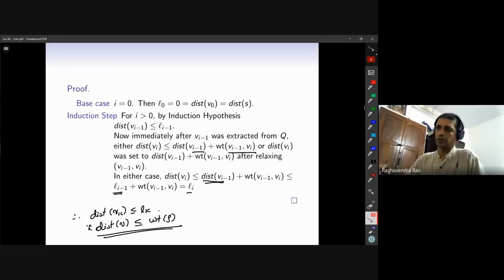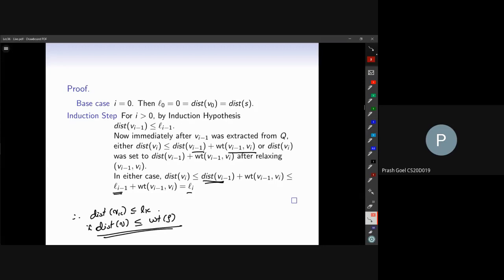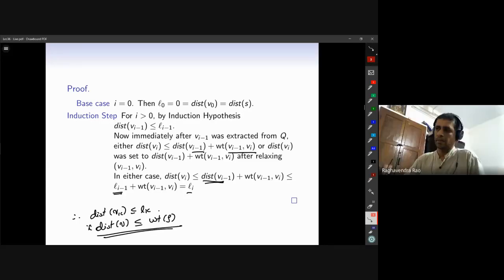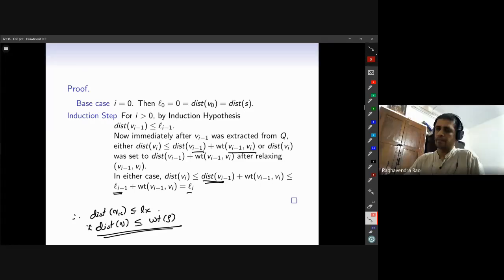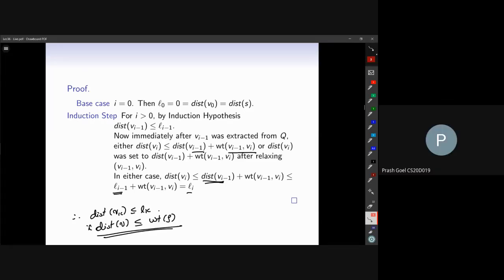So you can just plug in the shortest path on the right hand side of this, and say that distance of V is equal to the shortest path from there. What do you mean by right hand side? It has to be less than or equal to all the paths between S and V, so I can just take the shortest path in that equation, and the distance that the algorithm computes to V should also be less than or equal to the shortest path.